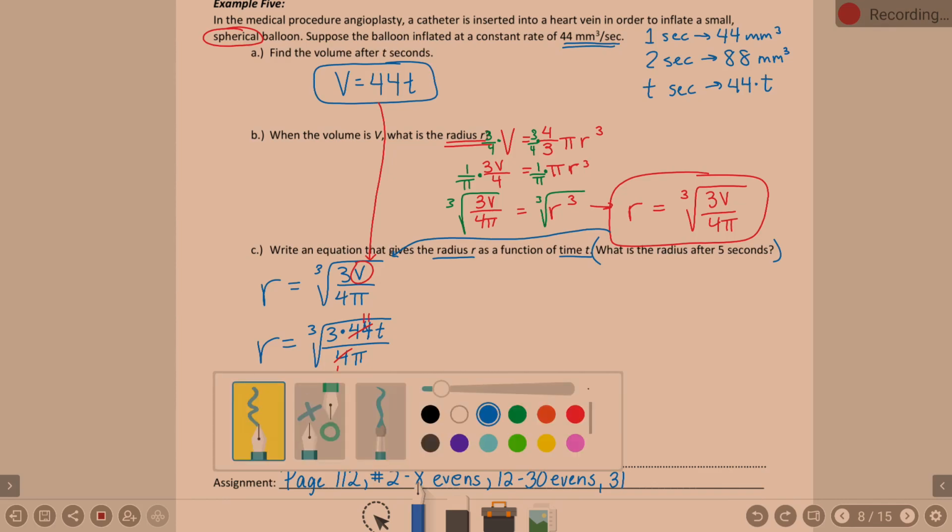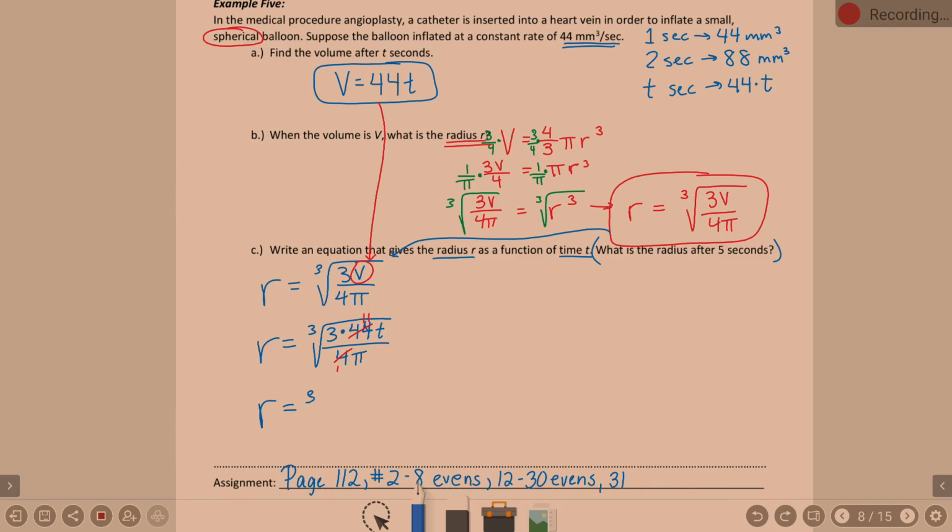Really what I'm doing is just not having to get my calculator out at this moment. So the cube root of 3 times 11t is 33t over pi. So there's the first part: write an equation that gives the radius r as a function of time t.